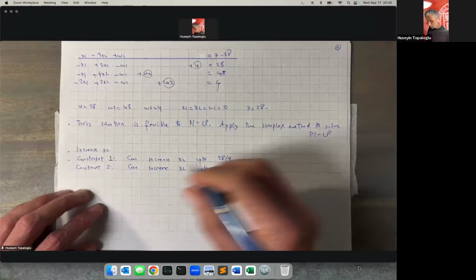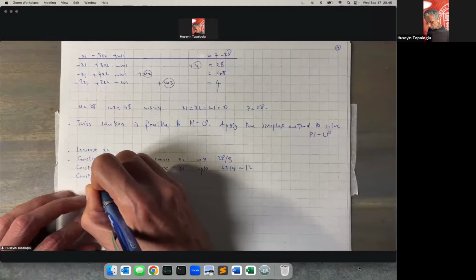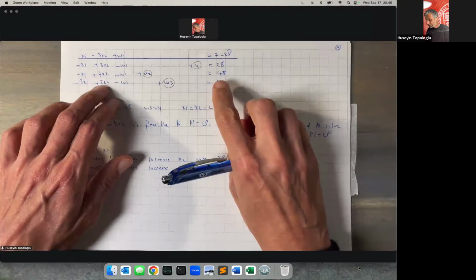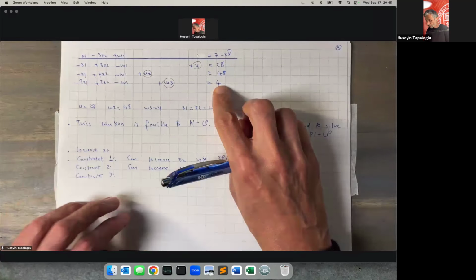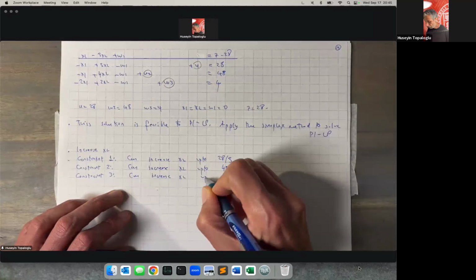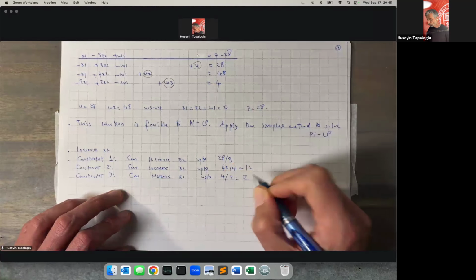And 48 over 4 is 12. And from constraint 3, I can increase x2 all the way to 4 over 2 before w3 turns negative. And 4 over 2 is 2.